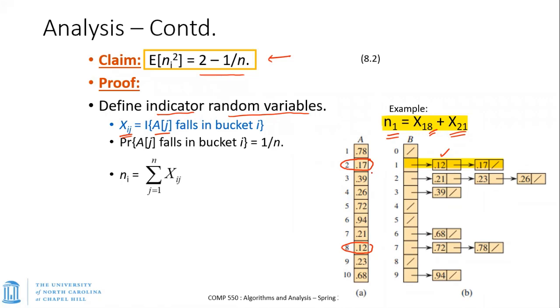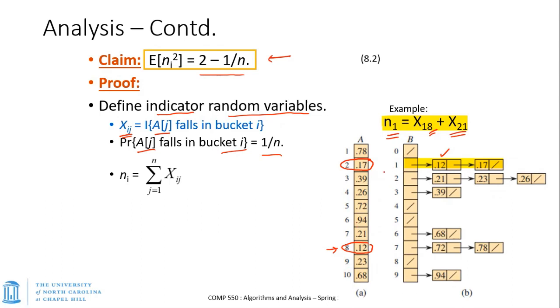So that's the indicator random variables, and so the probability that a sub j falls in bucket i is simply 1 upon n. Why is that? Because these are uniformly distributed. So what is the probability that this number A8 is going to fall into a particular bucket?